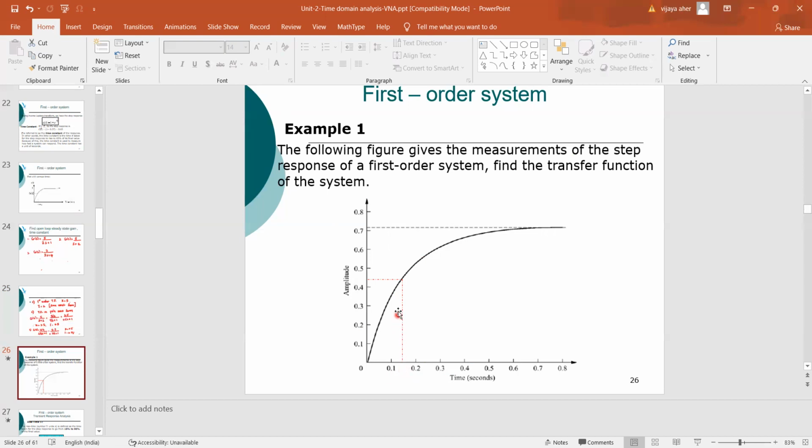And what is this? This point is not exactly at the center, it is less than that. So you can write for this approximately 0.45. Now you can write the transfer function equation.